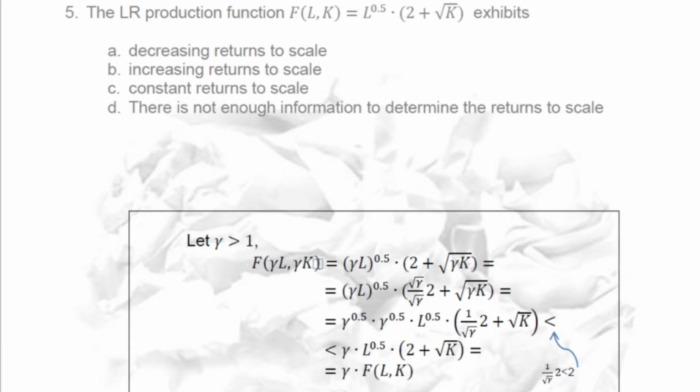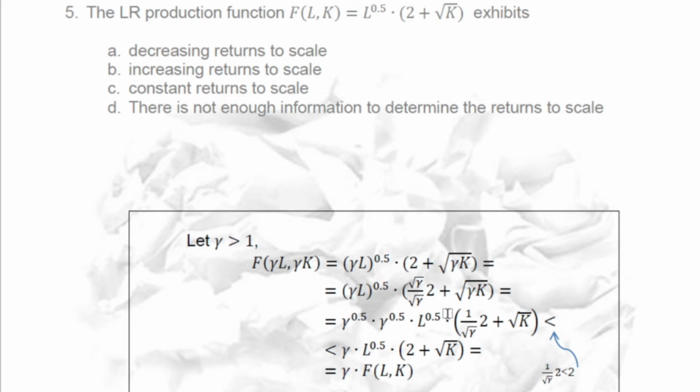We use now gamma L, units of labor, gamma K, units of capital, then gamma L elevated to 0.5 times 2 plus the square root of gamma K. Well, if I want to take out gamma here, or the square root of gamma, it's not very easy.